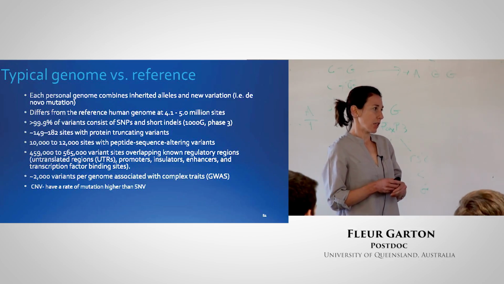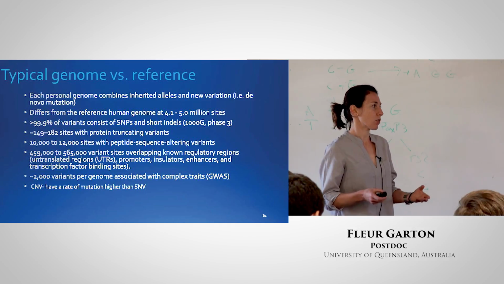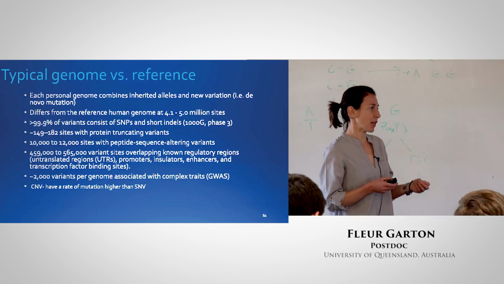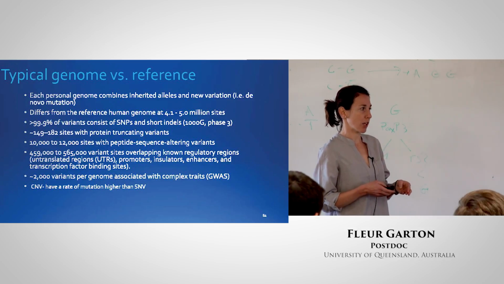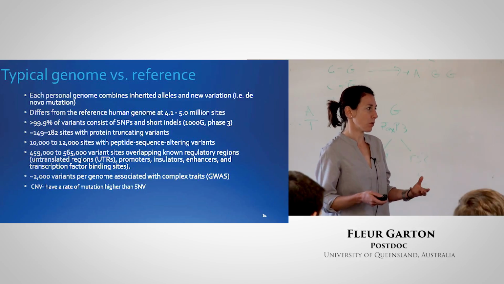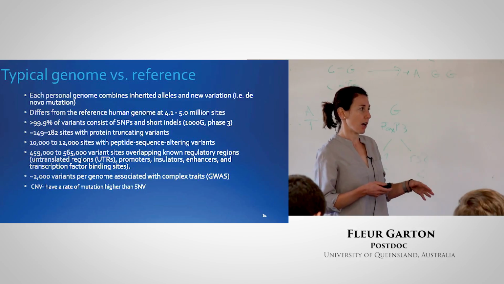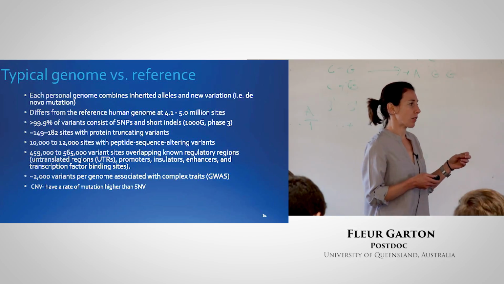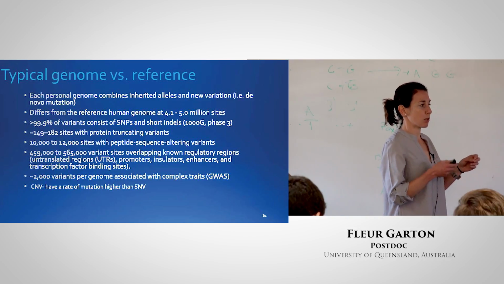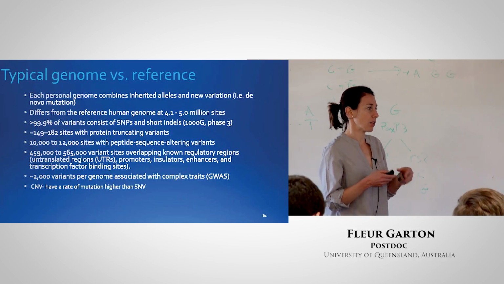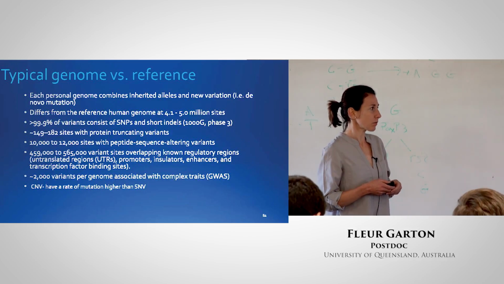So these are in the intronic or regulatory regions. And then you'll have 2,000 variants per genome associated with complex traits, so things that have been picked up in GWAS. Obviously these numbers can change, and typically your copy number variants have a rate of mutation which is much higher than what you would see for single nucleotide variants.